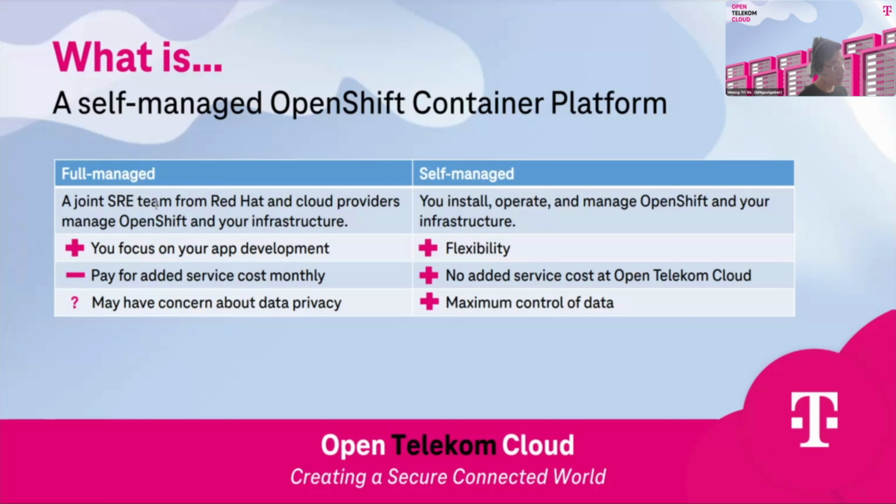For example, for AWS, they have a joint team between Red Hat and AWS. For Azure, they have a joint team between Red Hat and Azure, who will manage the OpenShift service and your cloud infrastructure for you. The advantage is that you can focus on your development, but you have to pay a monthly service cost, whether you use it or not.